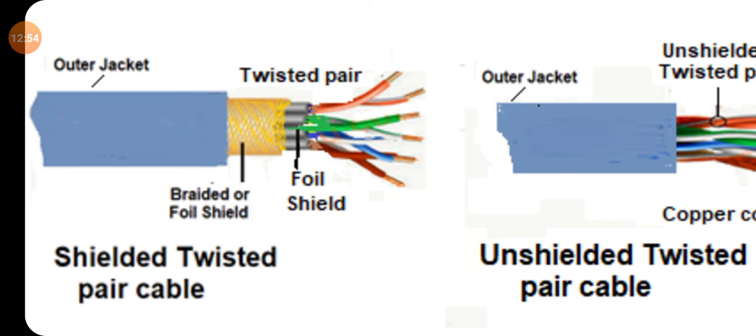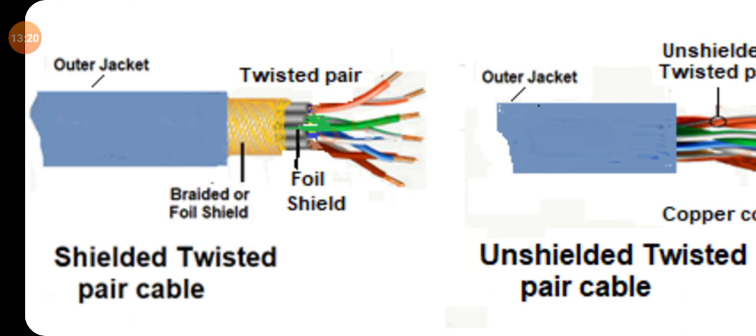In that case, because of signals overlapping at the destination, the data may not reach perfectly. Clear? So data may reach the destination with some error because of overlapping of data signals, and that is what we call crosstalk.